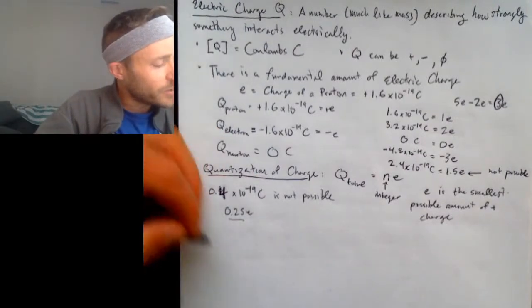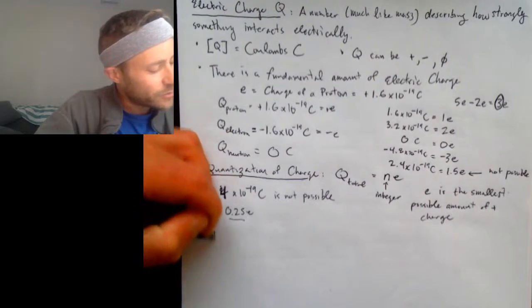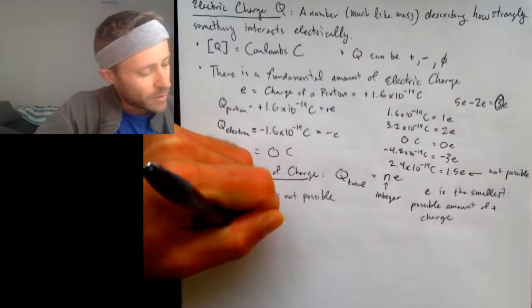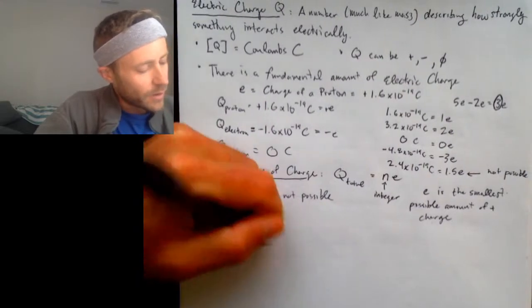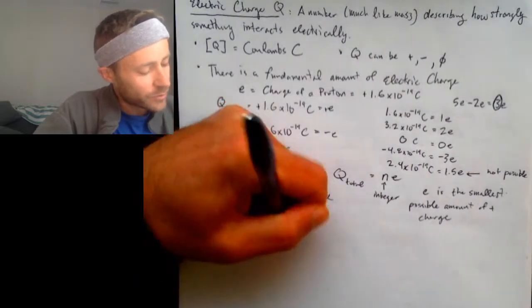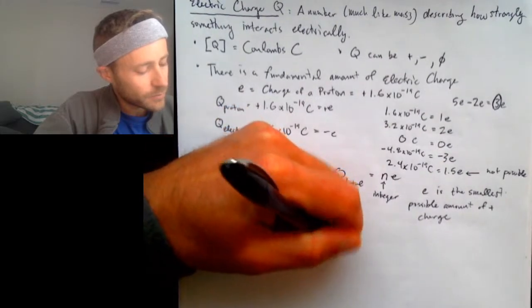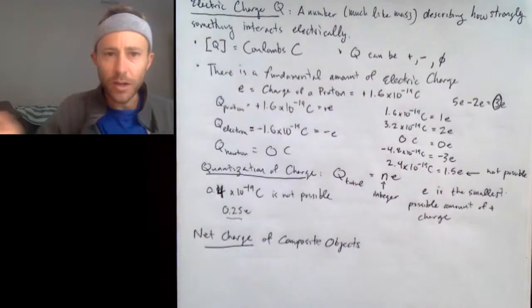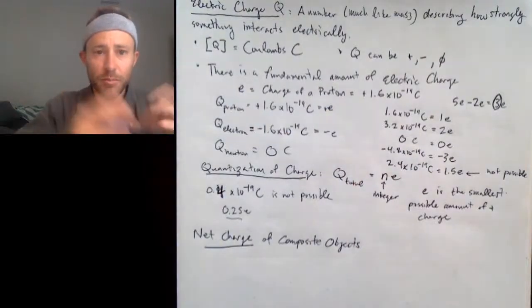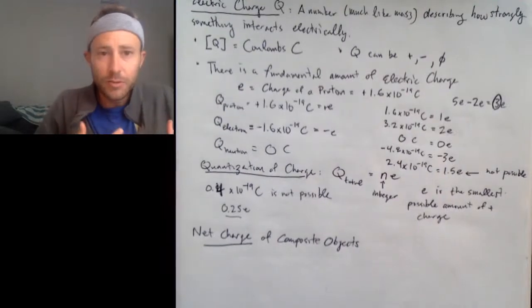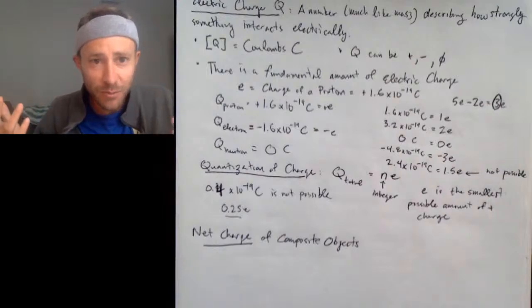So this leads me to the idea of net charge of composite objects. A composite object is an object that's built up out of other stuff. So we're composite objects, right? We're built up out of cells, if you will.